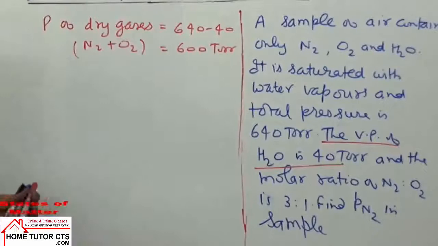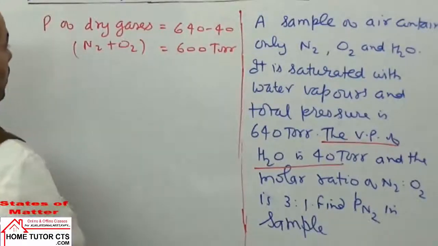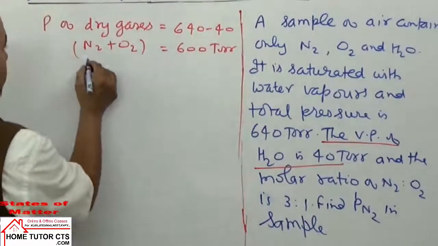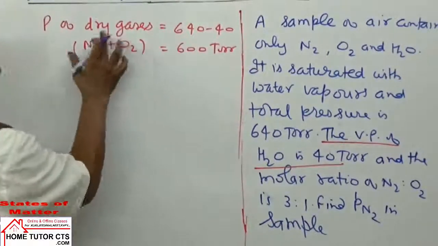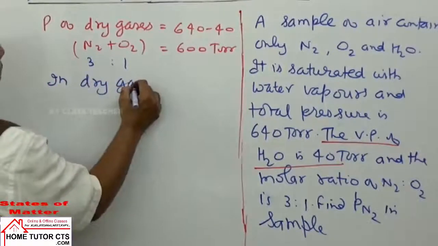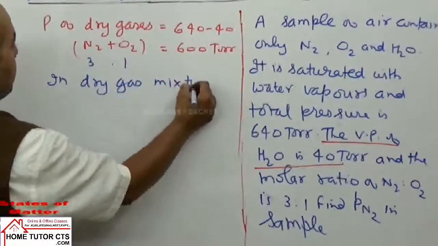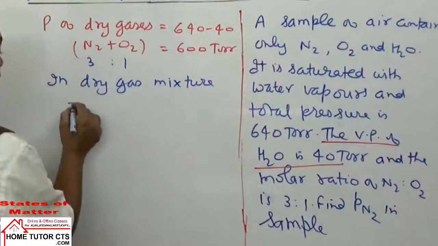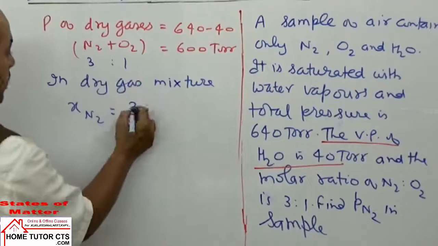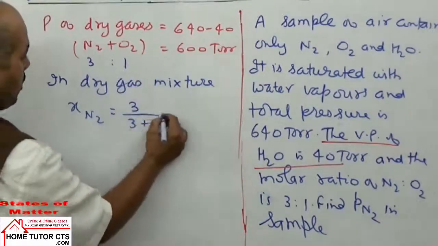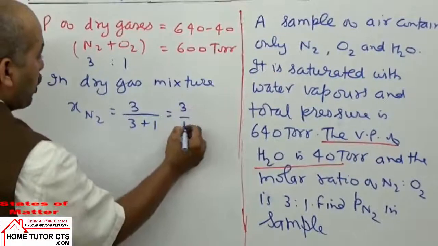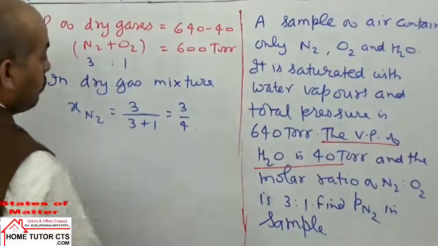Now in the dry gas we have N2 and O2 gas only. They have how much mole ratio? This has mole ratio 3:1. So in the dry gas mixture, what is the mole fraction of nitrogen gas? Mole ratio 3:1, so 3 upon 3 plus 1, that is 3/4. The mole fraction of N2 in the gas mixture is 3/4.